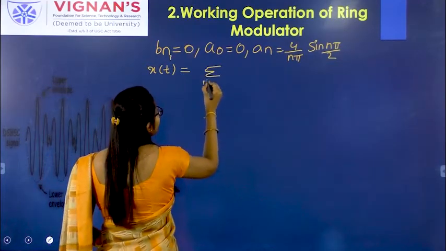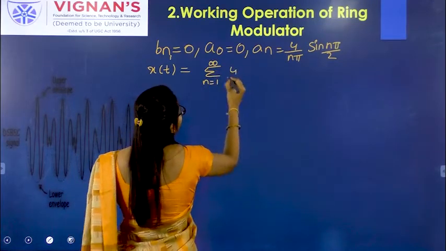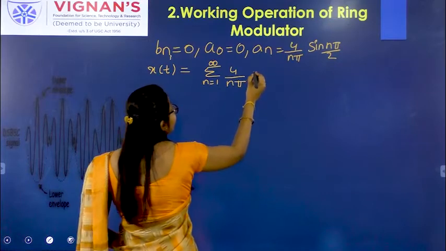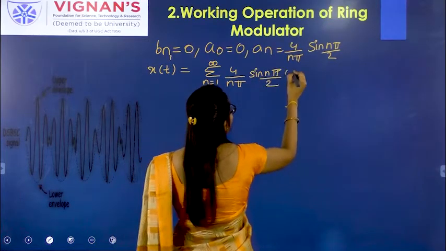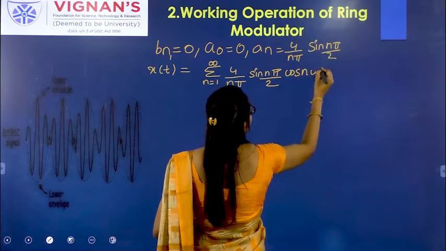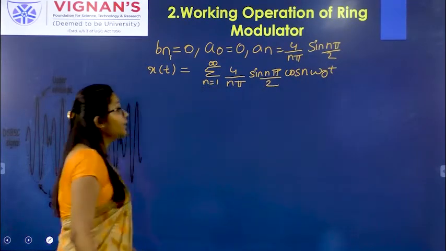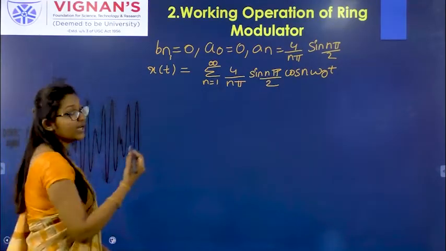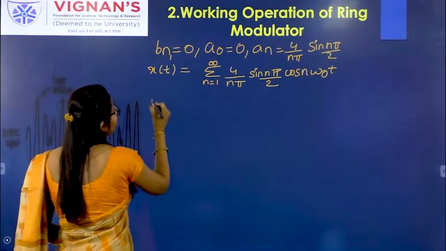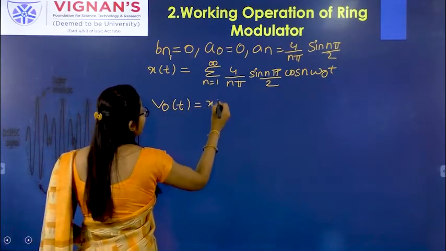So sigma n equal to 1 to infinity of 4 by n pi sin n pi by 2 cos n omega naught t, that is your x of t. And the final output p naught of t is x of t into m of t.